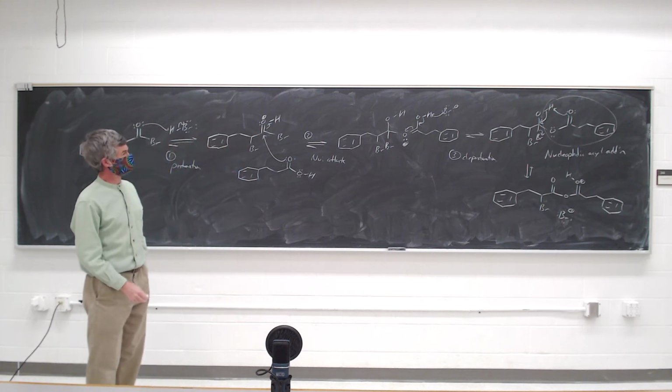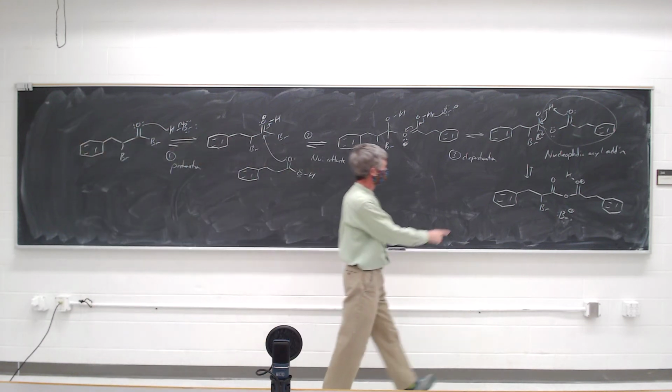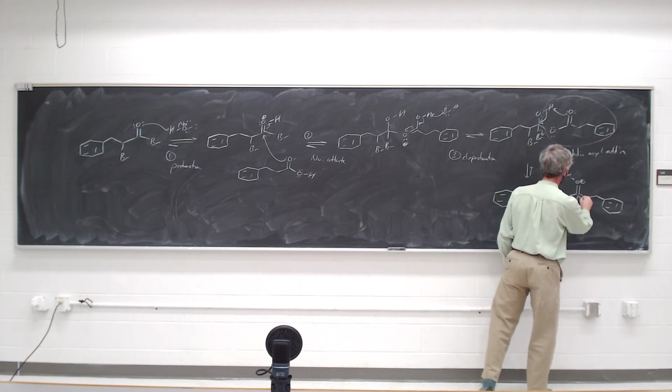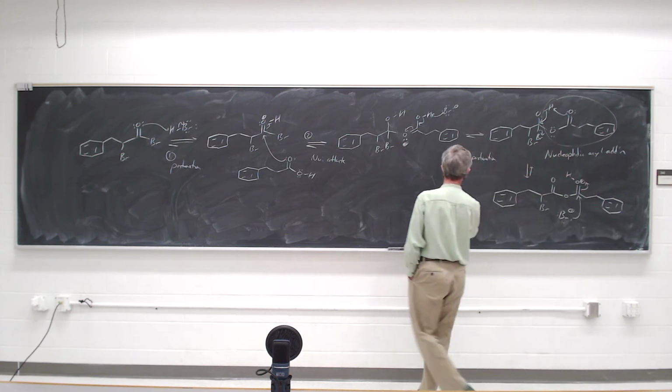So you notice you're kicking the bromide off one carbonyl group, but then it can be right there, where it can add to the other carbonyl group.